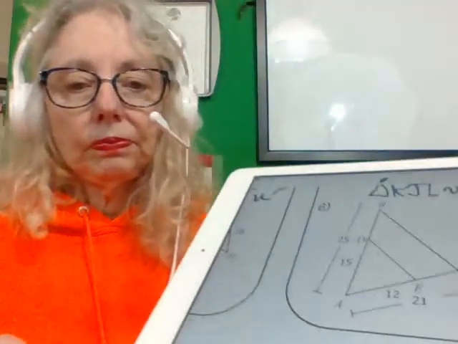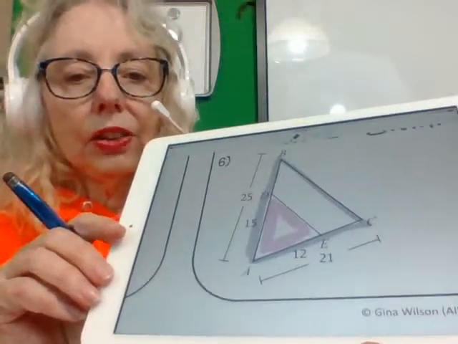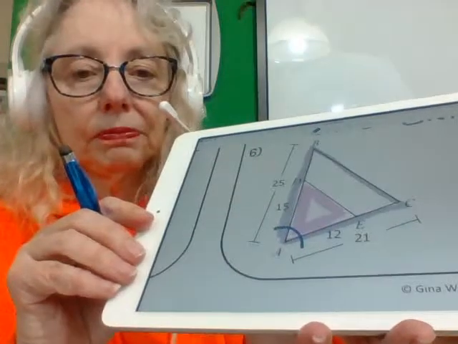All right, on this next one, if you look at it, notice that we've got a small triangle, which I've highlighted purple, inside this big triangle, which I'll outline here in kind of a dark blue. So the angle that belongs to both of those is angle A. So let's mark it, because there's your congruent angle.